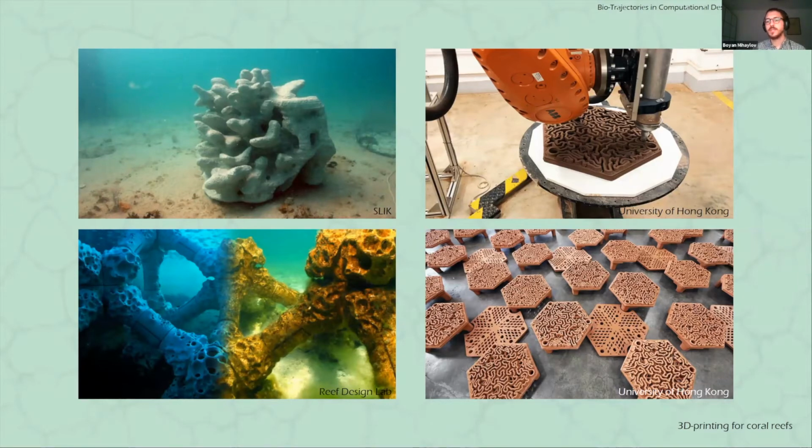Using advanced 3D printing technologies, they are using the full potential of computational design to create complex structures with undulating cavities and spaces that can serve as foundation for the growth of new corals, basically an anchor from which they can grow, which gives them a head start in repopulating their biotopes.